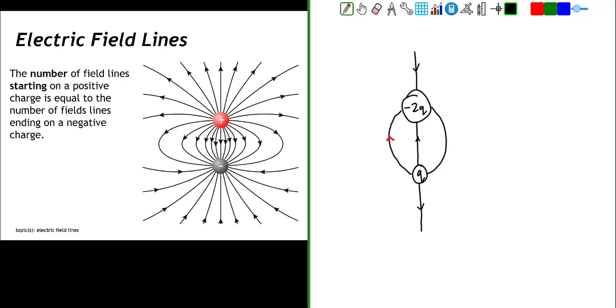Electric field lines leave positive charges and enter negative charges. So we now have 4 electric field lines leaving the positive Q charge, which means we should have 8 electric field lines entering the negative charge.